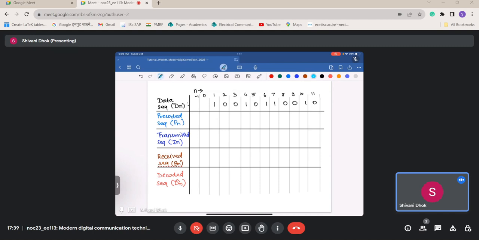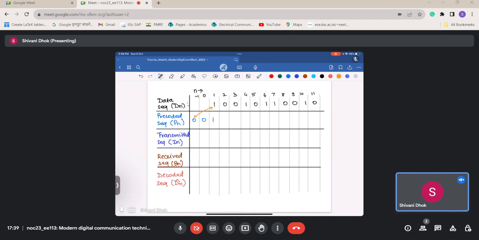Let us look at the precoded sequence. Let's say at n equal to minus 1 and n equal to 0, your precoded sequences were 0 and 0 without loss of generality. Now at n equal to 1, I'll do an XOR operation for these two, and XOR of 1 and 0 gives 1.